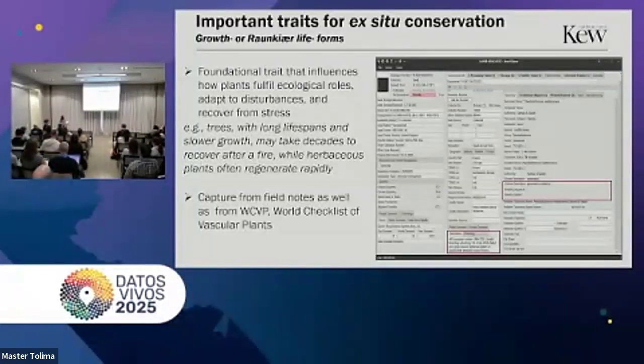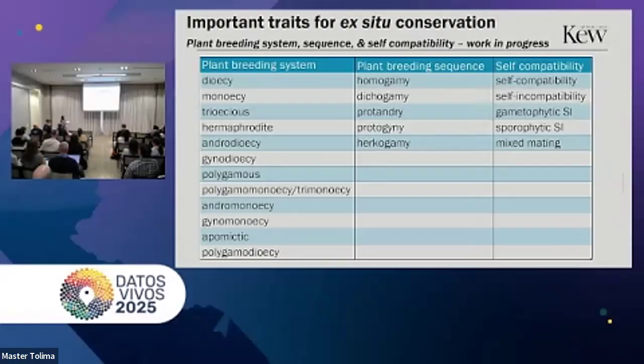Next slide, please. So then there are various other traits, such as plant breeding system, breeding sequence, and self-compatibility, useful for botanic gardens as well as plant conservation. And currently we are compiling data from external sources to feed into our collection management system.